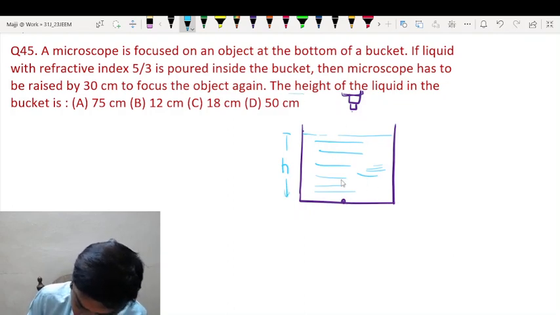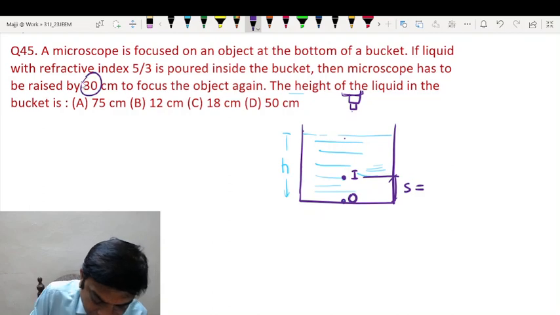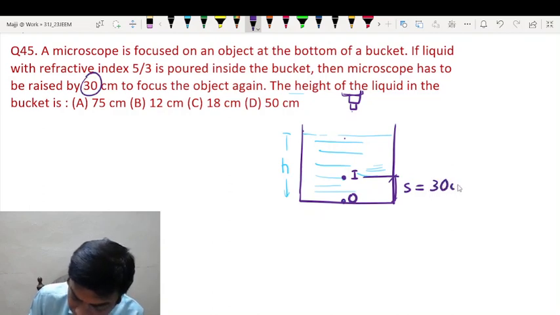Then this point is now here because this is the actual object, but this will be the image. Okay, so this has to be raised by 30 cm, which is given. So we have to find h.